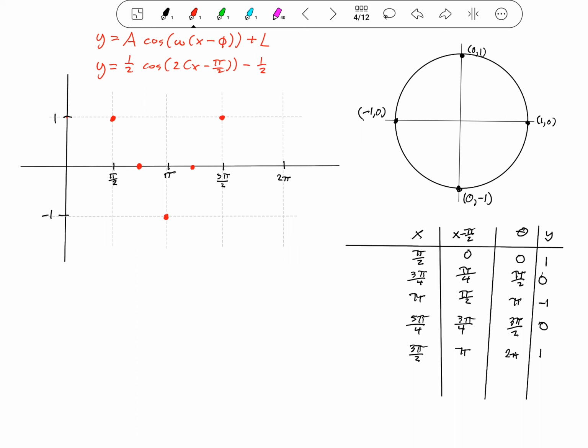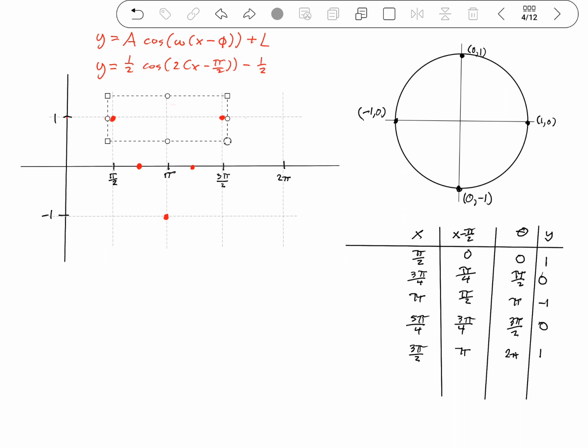And then I'm multiplying that by 1/2, so the zeros stay the same, but the points that are at y equal 1 become points at 1/2.